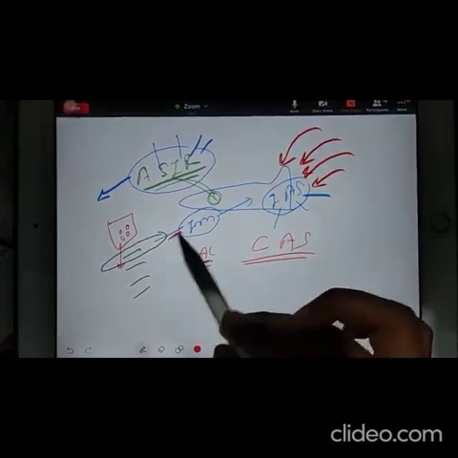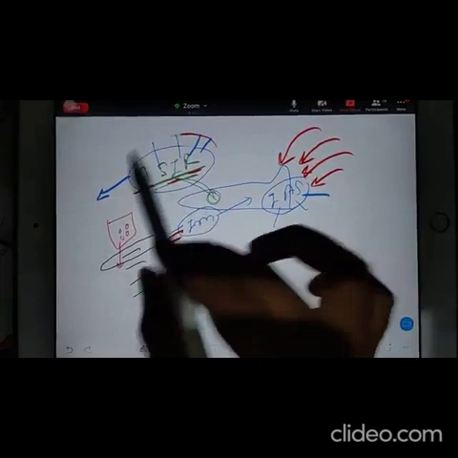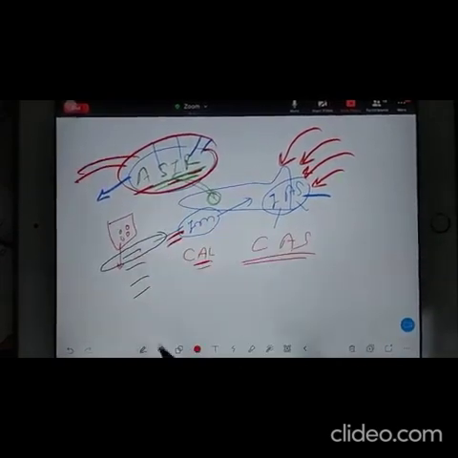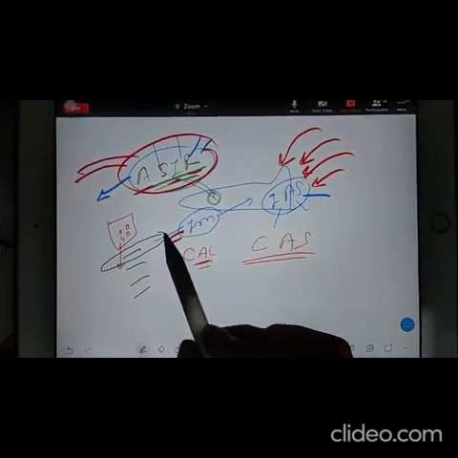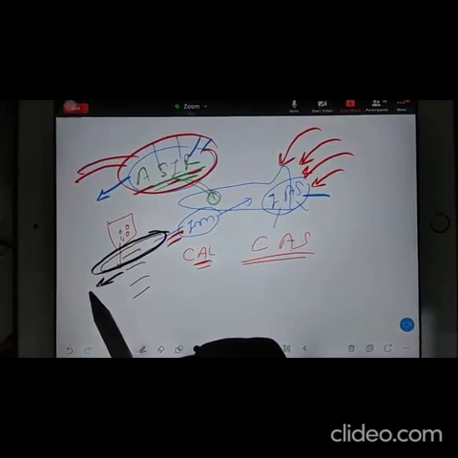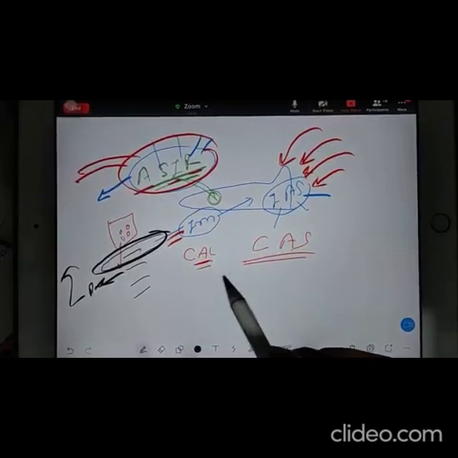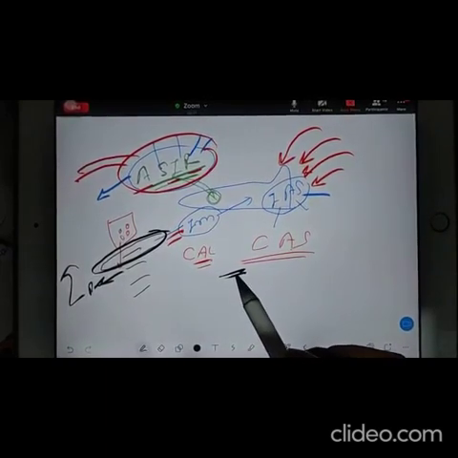Your airspeed indicator reading had all the errors. You fixed it for instrument error. Now you fix for one more error, that is position error. Then you will get new data, that is calibrated airspeed.